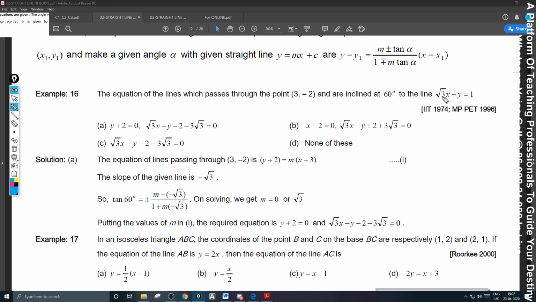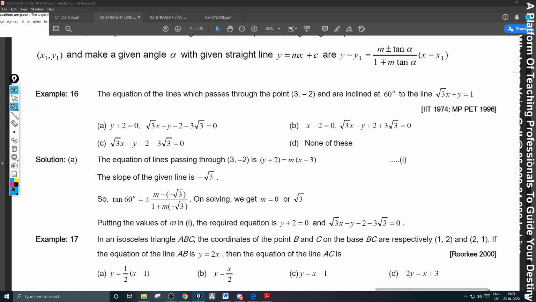M is the slope of the given line, it is minus root 3. Substitute minus root 3 here, and in place of alpha, substitute 60. Simplify this, you'll get these two answers. If you remember the formula, that's it. Okay, now let's go to the next problem, please.